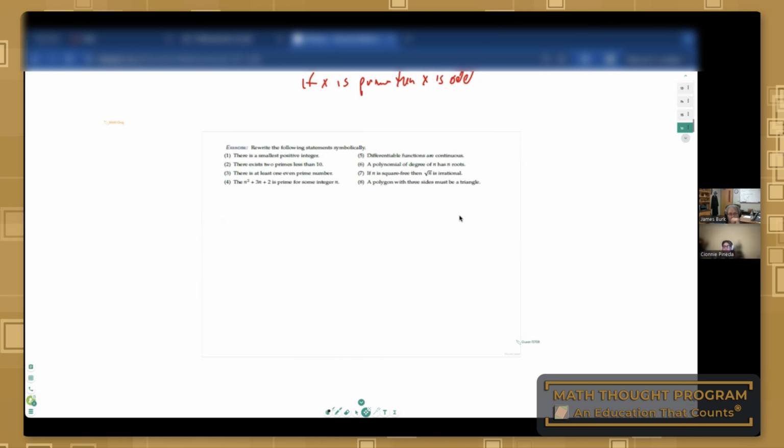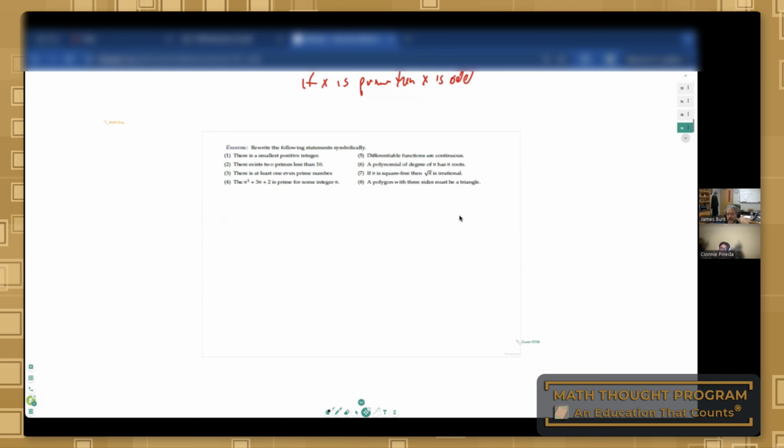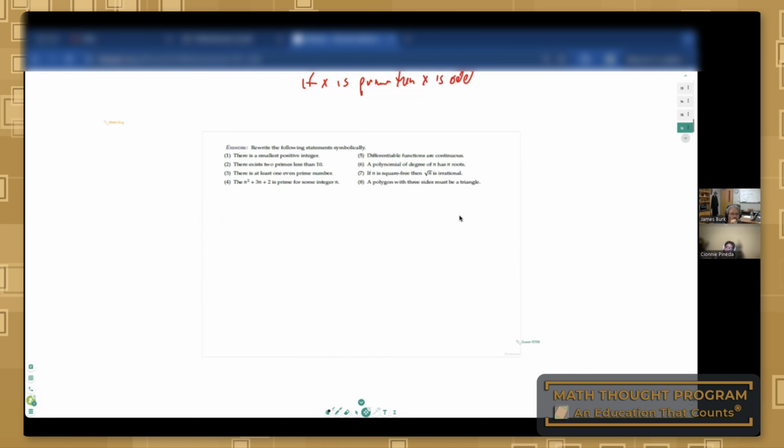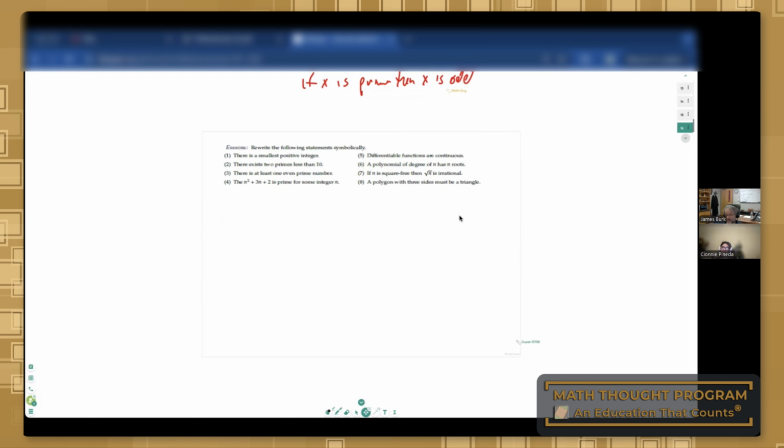For this statement, am I making a broad generalization or a particular instance? I think particular instance. Okay, so if it's a particular that happens just once, that will be an existential. Exactly.